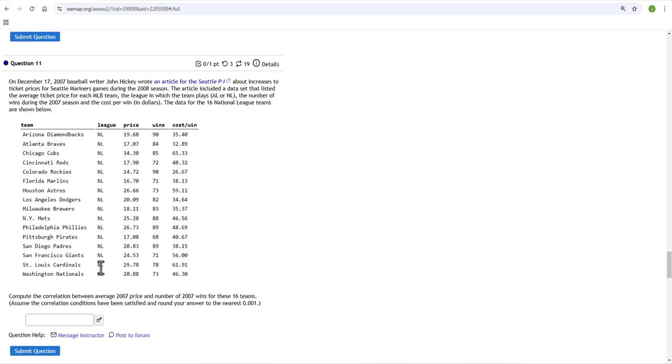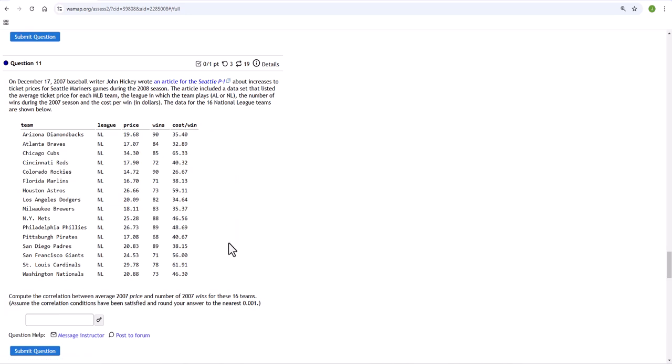Now, I want to talk about this one. Question 11 is one of those where we do want to paste special. Every once in a while, this one gets fouled up more than any other. So on December 17, 2007, baseball writer John Hickey wrote an article for the Seattle PI about increases in ticket price for Seattle Mariner games.